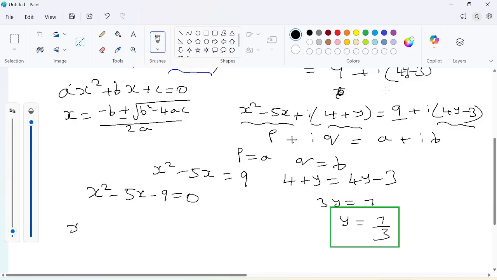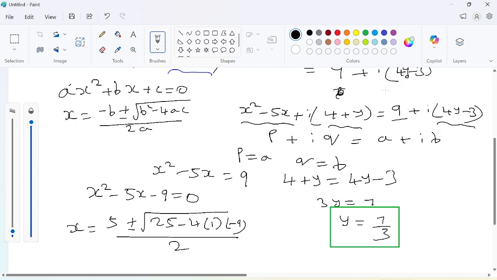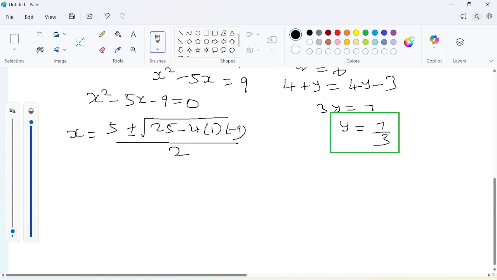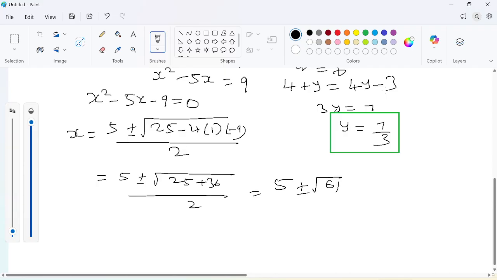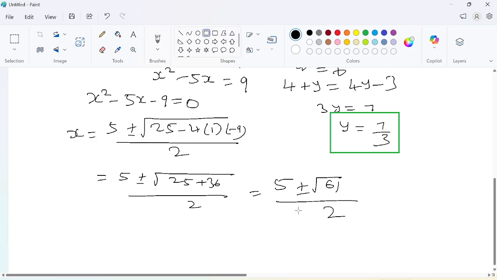So here x is equal to 5 plus or minus root of 25 minus 4 into 1 into minus 9, by 2. So this will be 5 plus or minus root of 25 plus 36, by 2, which is 5 plus or minus root 61 by 2. So this is the x value.